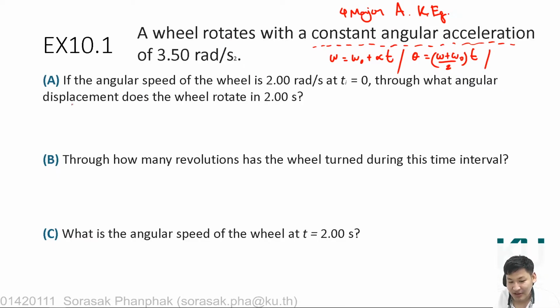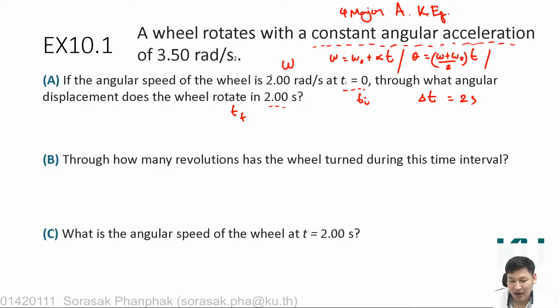If you see, you have the information of the omega here, you have the initial time, ti, and the angular displacement will take until 2 seconds. This is tf. So delta t is now 2 seconds.